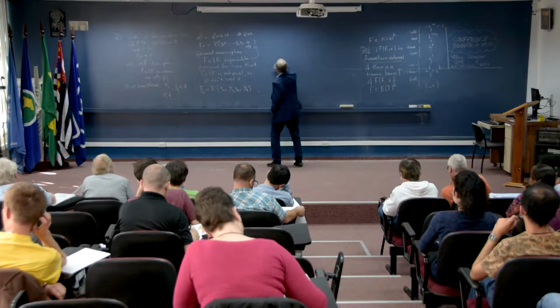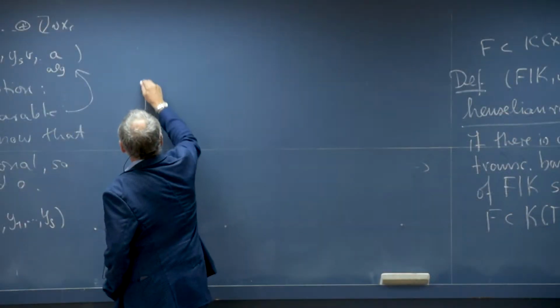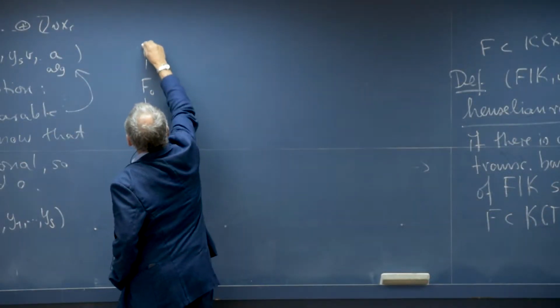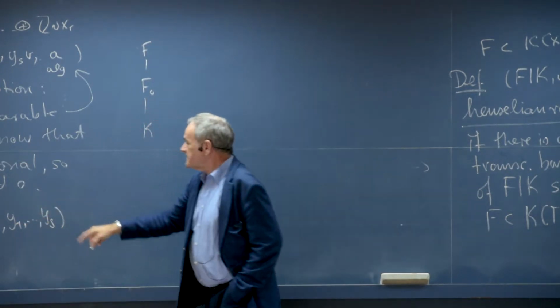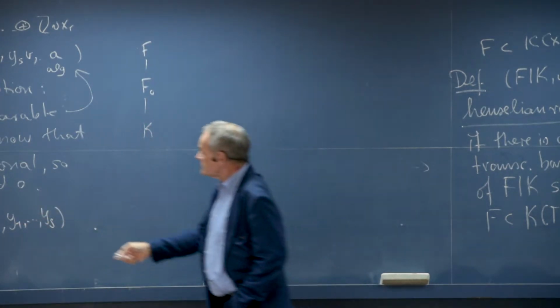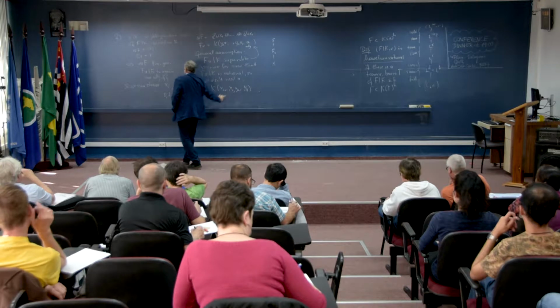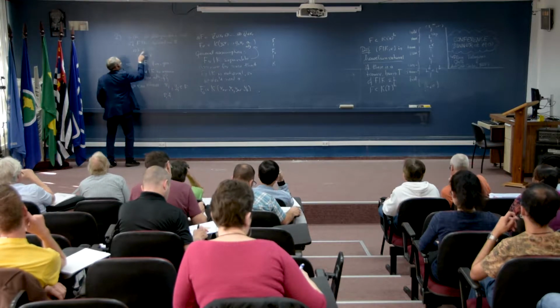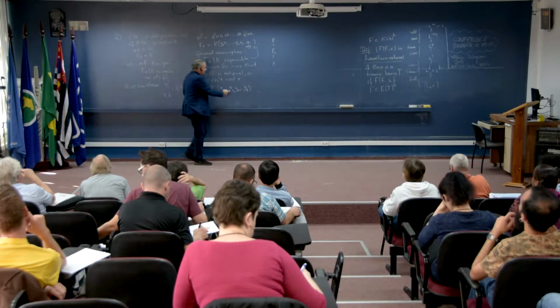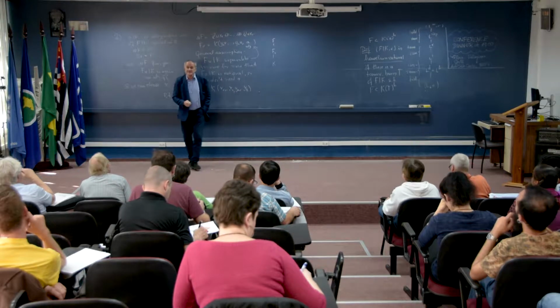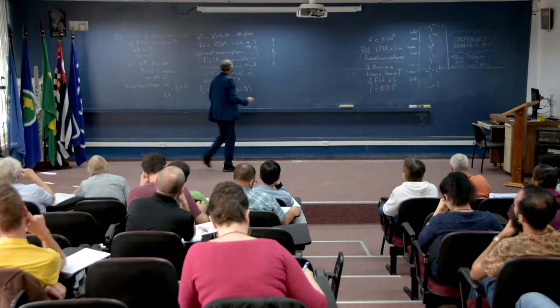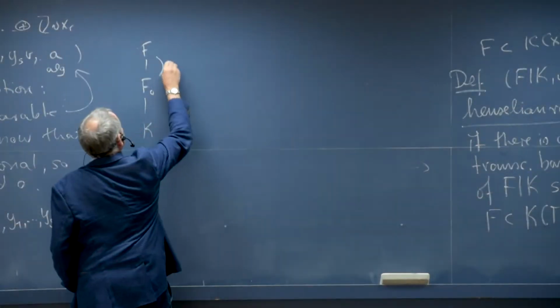Okay, so we have k, F0, and F. And by setting this here, we see that in the value group we have all elements that generate the value group, and we have all elements that generate the residue field. So this is immediate.